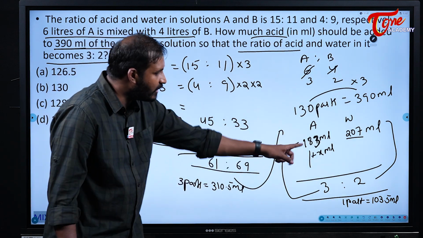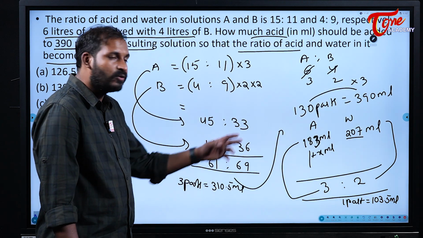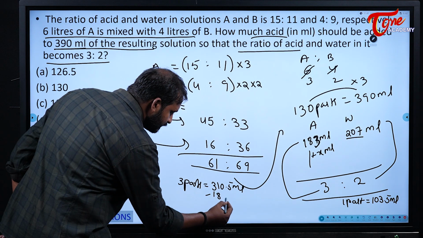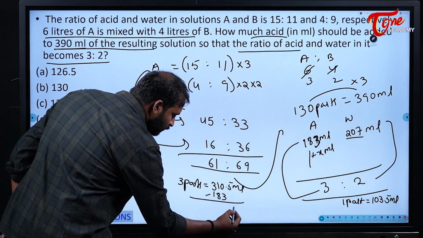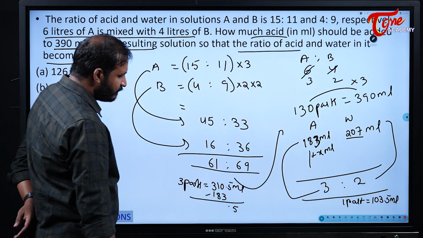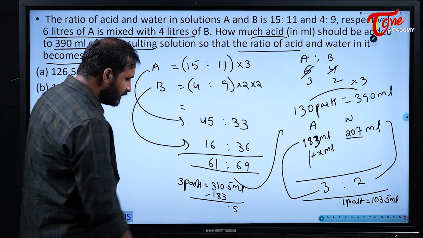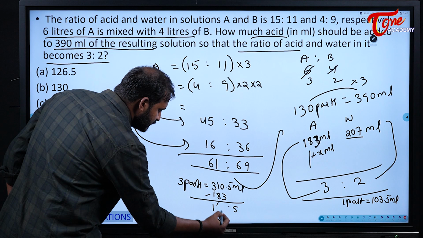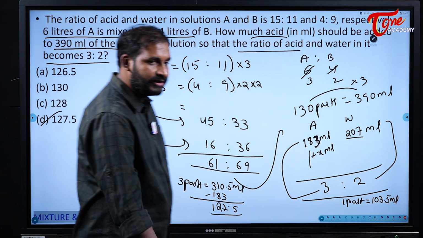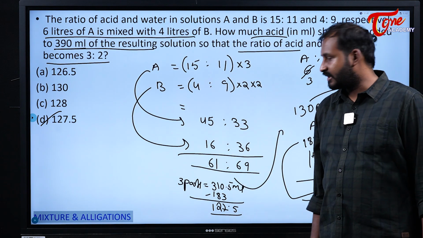In this already I have 183 ml. Now how much more should I add here? 310.5 minus 183, you will get 127.5 ml of acid that I need to add so that the resulting mixture becomes 3:2.